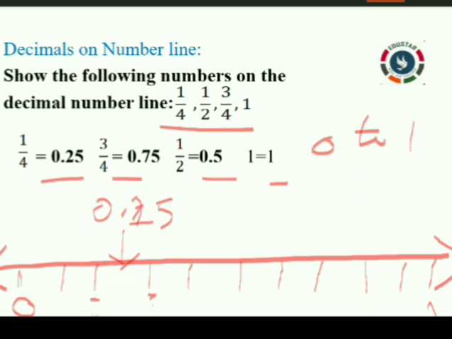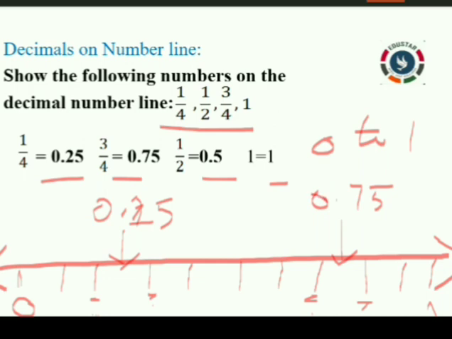Next 0.75. So 0.75 lies in between 0.7 and 0.8. 0.3, 0.4, 0.5, 0.6 and this is your 0.7 and this is your 0.8. So 0.75 lies in between 0.7 and 0.8, right?